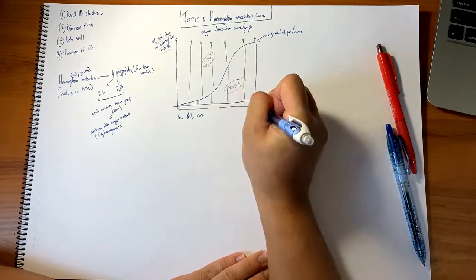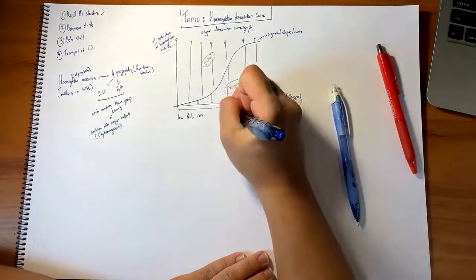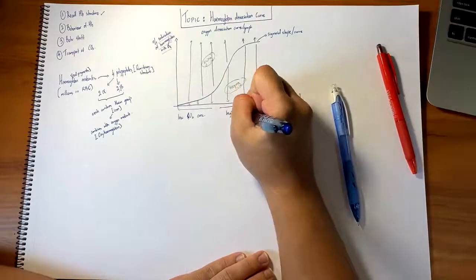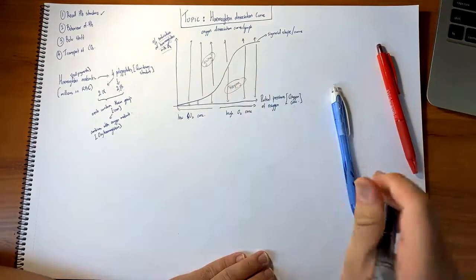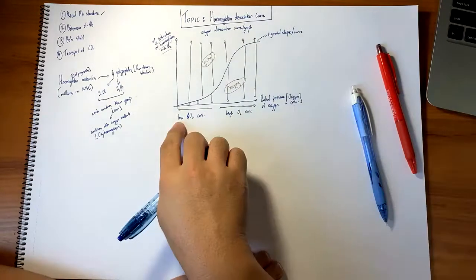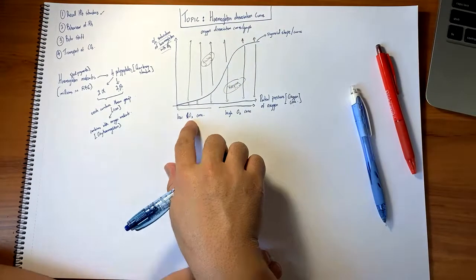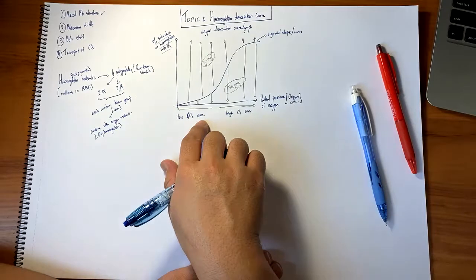Kalau ke atas, kalau makin banyak, artinya high O2 concentrations.